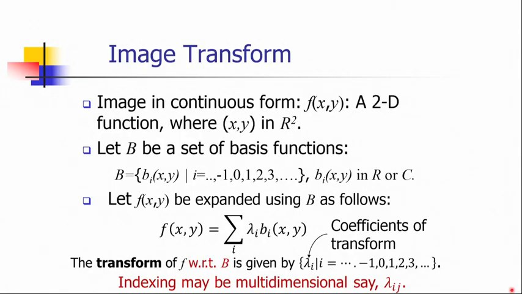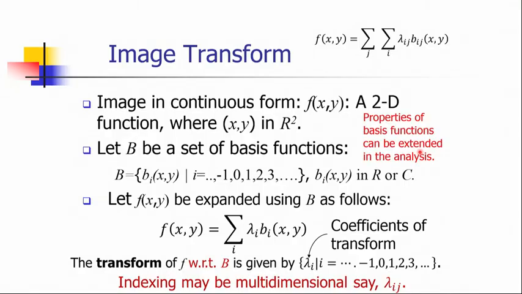For example, for a two-dimensional function, we can use two indices to denote a coefficient, and in that case this function can be expanded in the form of a linear combination of two-dimensional functions, and we can have these double summations in this representation. So, one of the advantages of the image transform is that the properties of the basis functions can be extended in the analysis.